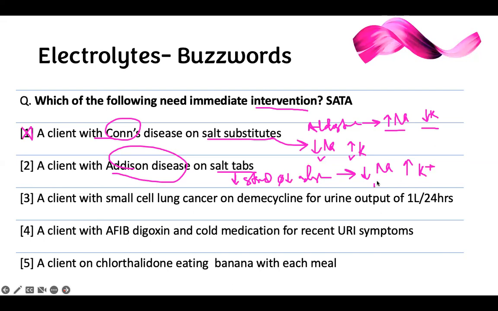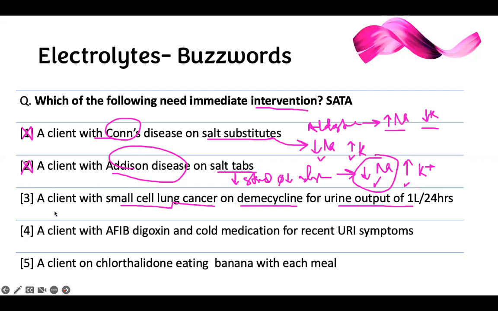Therefore, I should take sodium and avoid potassium. The client with Addison's is taking salt tabs, not salt substitute. Those are the buzzwords. Salt tab, not salt substitute. Therefore, good job, patient.